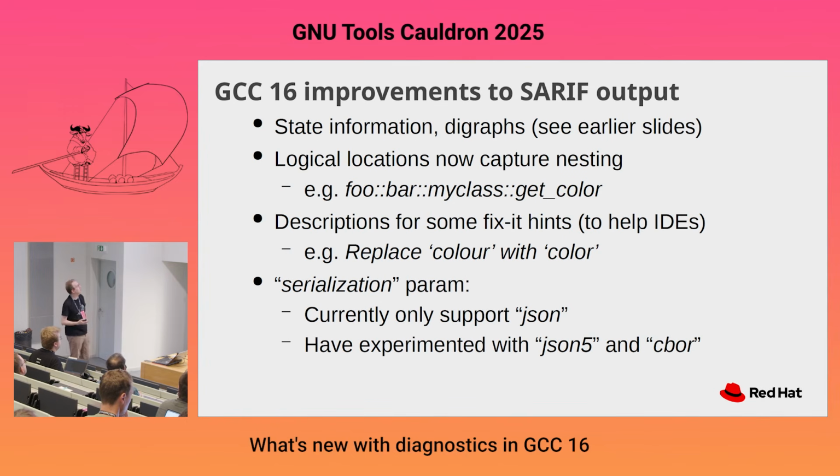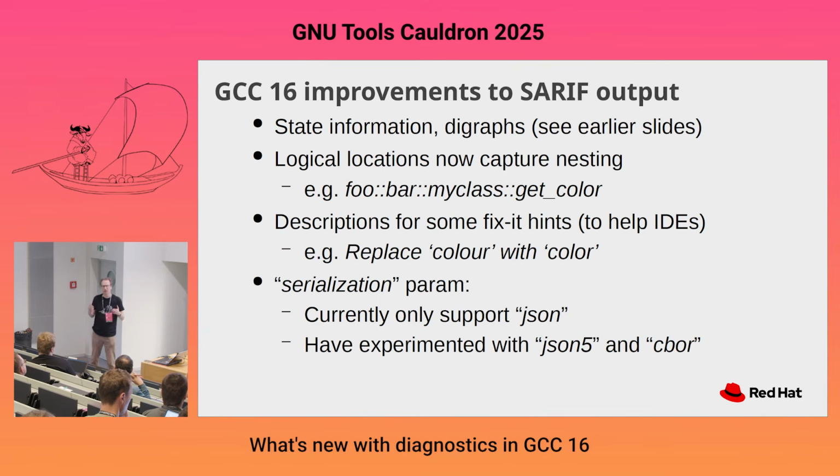I added a serialization parameter, which has one value that is valid, which is JSON. But the point being, I was experimenting at the time with JSON5, where we can be a bit more compact in how we represent the data, in a way that's a bit more human readable and doesn't use quite so many columns. And also there's a file format called CBOR, the Concise Binary Object Representation.